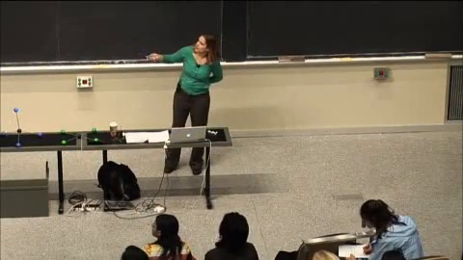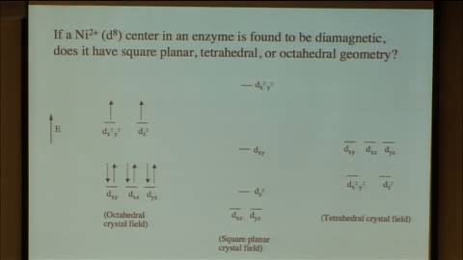So we know what that looks like. Well, what about square planar? So let's put our electrons in there. We'll start at the bottom and just pair them up as we go down here and then go up here. And now we've put in our 8 electrons.